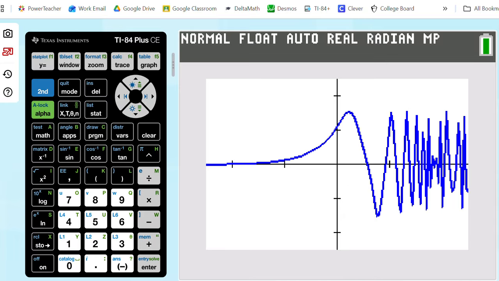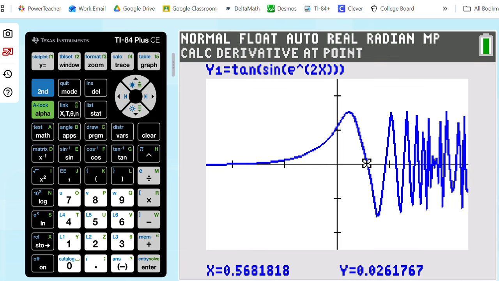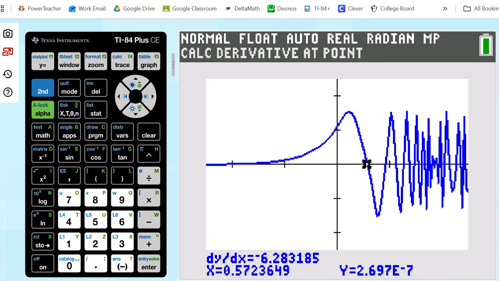So if I go back to my graph and I want to find the derivative of my graph at A, I can just hit second trace. Option 6 is dy/dx. So we'll just do option 6. It doesn't look like it does anything. Just type in alpha A, and it will tell you that your derivative there is negative 6.283185.